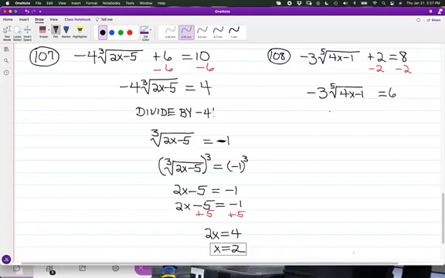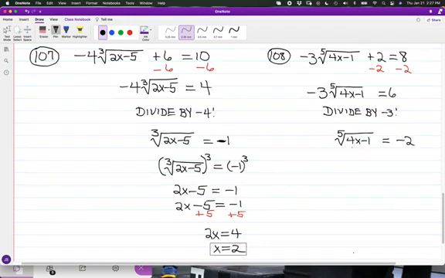Now let's go ahead and divide by -3. Doing so we have the fifth root of 4x minus 1 is equal to, and 6 divided by -3 is going to be -2.